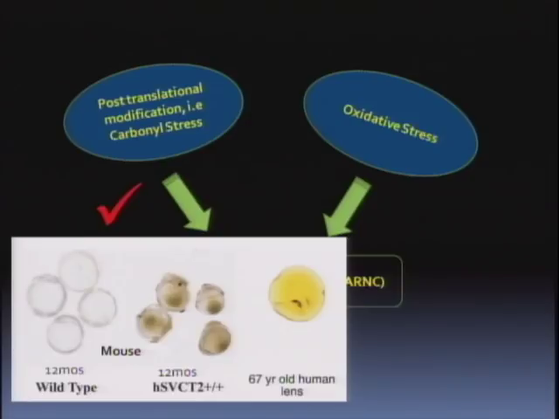The lens ascorbic acid level in these mice is similar to the human lens. At 12 months old, you can still see lens discoloration almost similar to a 67-year-old human. We also found that the high ascorbic acid causes glycation modification of crystallins.